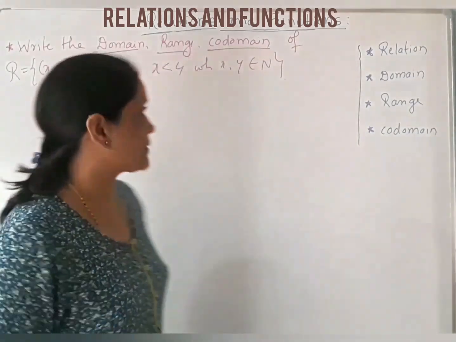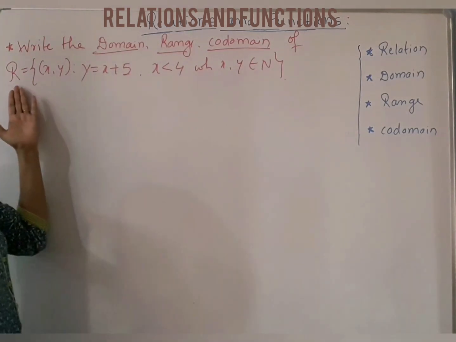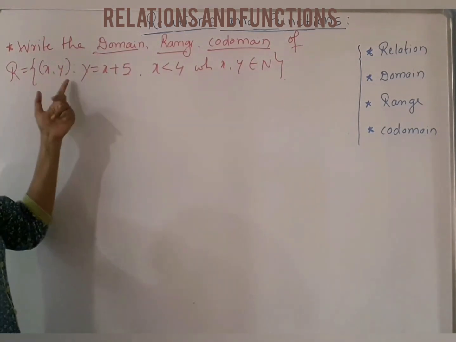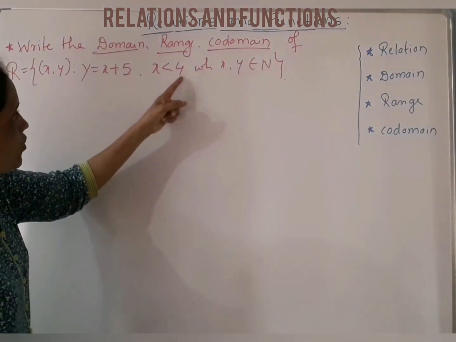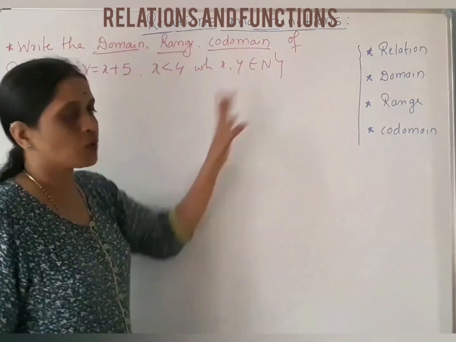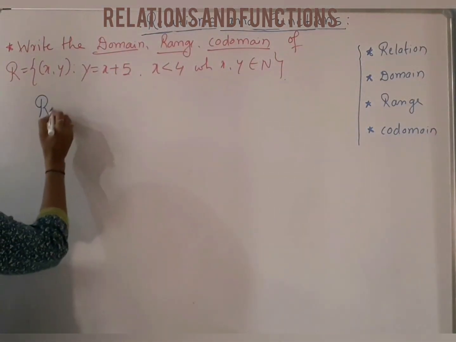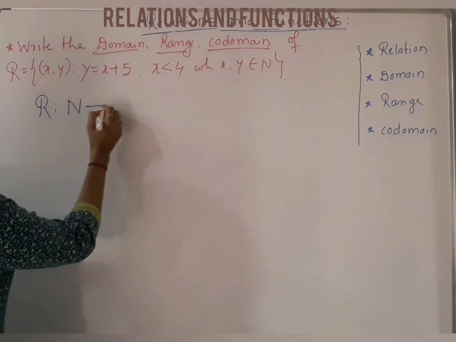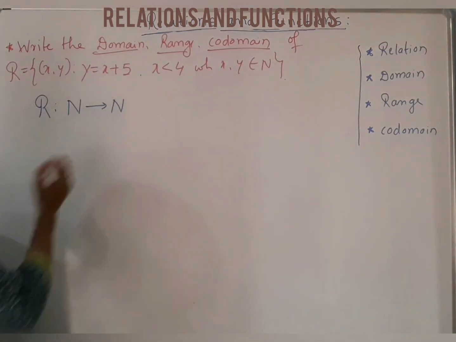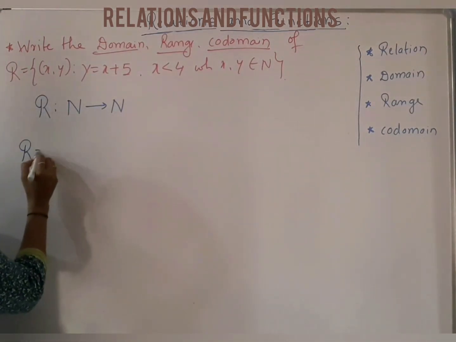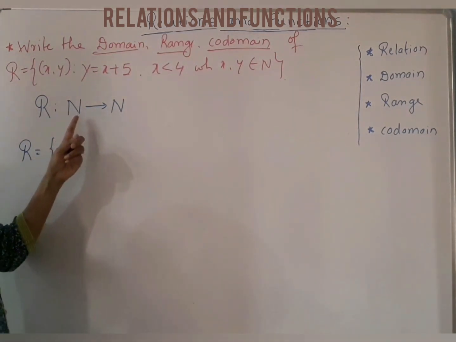Here I go with one more example. Write the domain, range, codomain of R equals the ordered pair (x, y) such that y equals x plus 5 and the condition is x is less than 4, where x, y belong to N. Here the relation R is from N to N because both x and y belong to N, the set of natural numbers, which starts from 1.